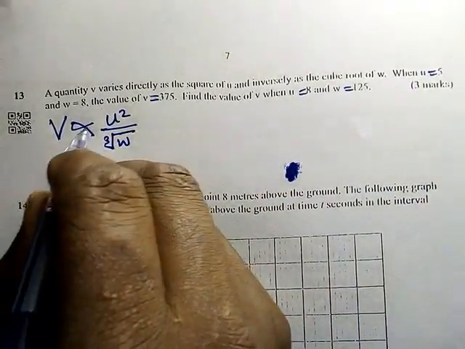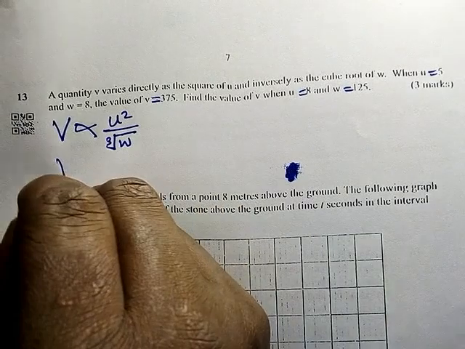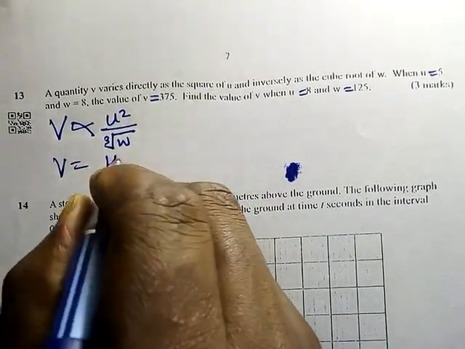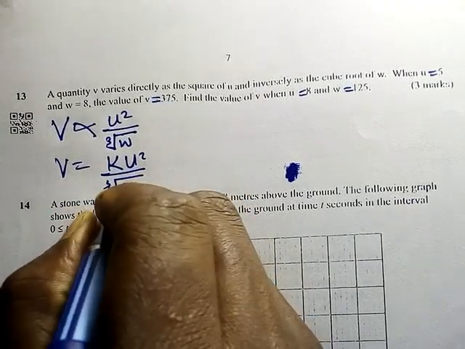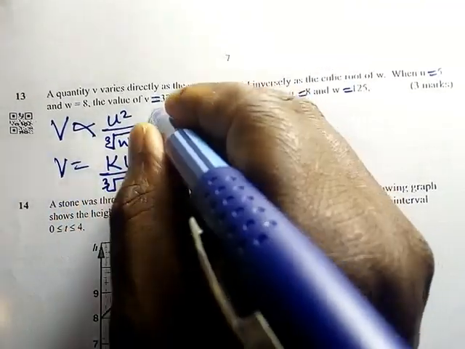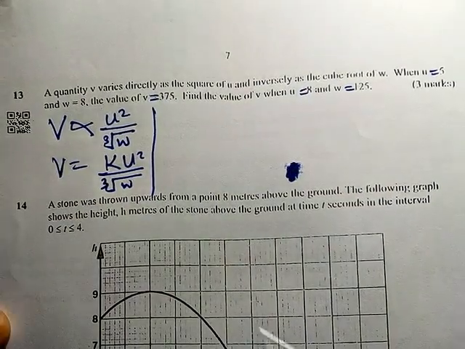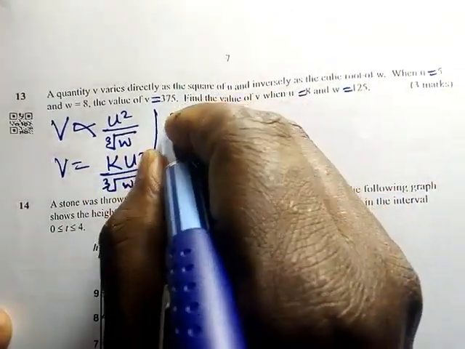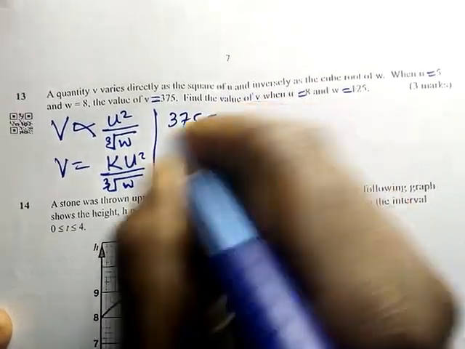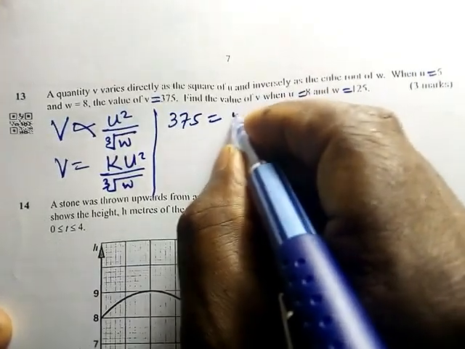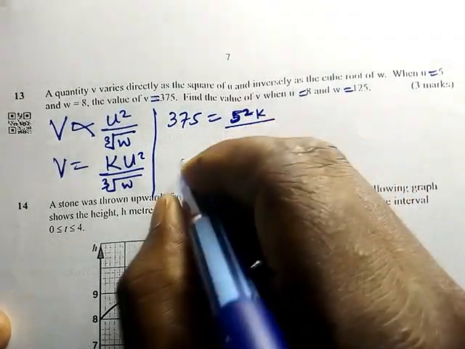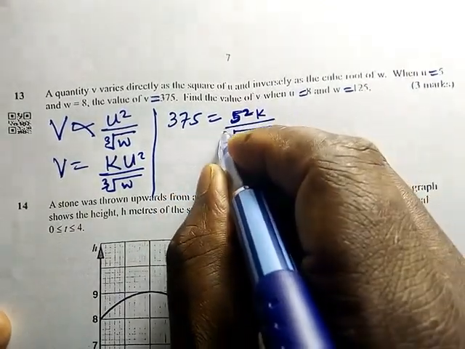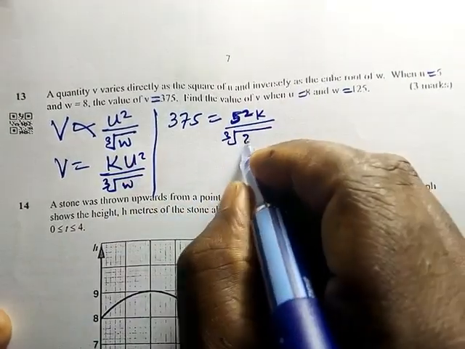When we remove the sign of proportionality, we have the constant k: v equals k u squared divided by the cube root of w. Now when v is 375, k remains k, but u will be 5 squared, so k times 25 divided by the cube root of 8.